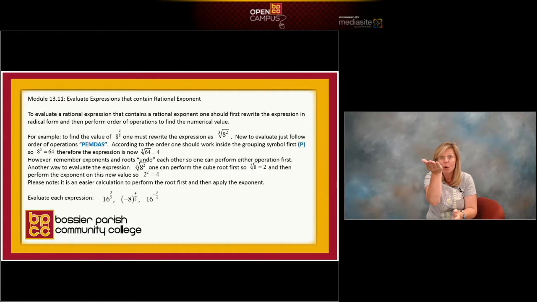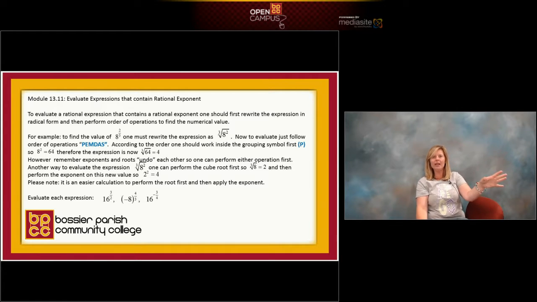Well, E, exponent, has an equal operation, which is P, but it's not parentheses, it's the root. So if a root and an exponent are equal, then it shouldn't matter which one you do first. So let me show you another way to evaluate the cube root of 8 squared. Instead of doing the inside first, the exponent first, I'm going to now do the root first.